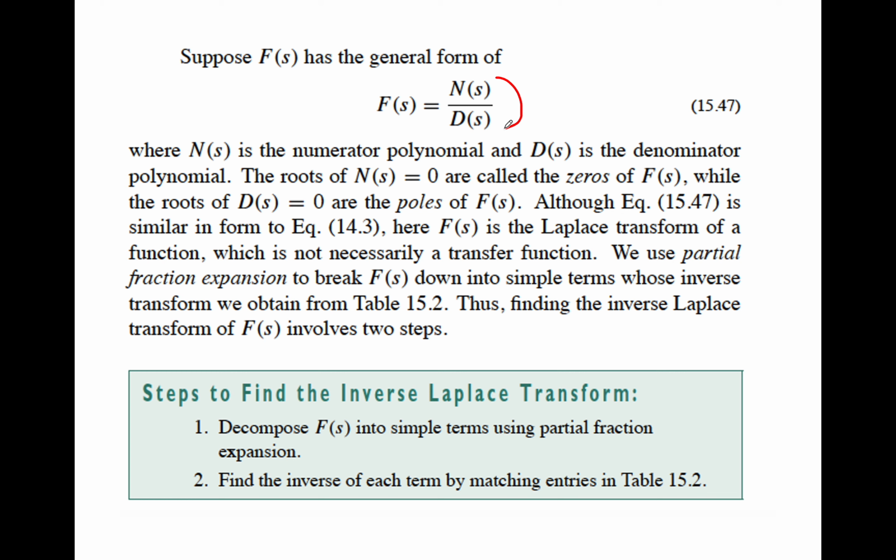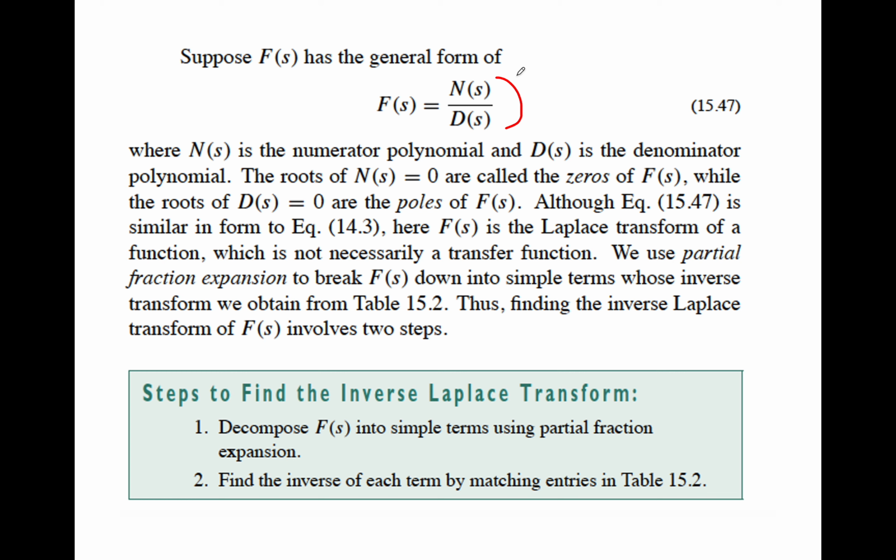And so the first thing to talk about is that in the numerator, the roots of that polynomial are referred to as the zeros of F, and the roots of the denominator are referred to as the poles of F. So it is the poles of F that determine the basic functional form of the response.